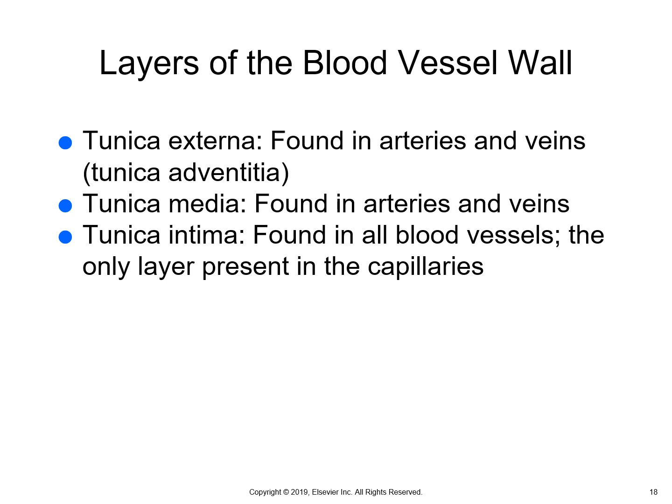All right, the last one is tunica intima. Tunica intima is the innermost layer of the blood vessel. It's present in all the blood vessels, and it's made of what we call simple squamous epithelium, or endothelium.